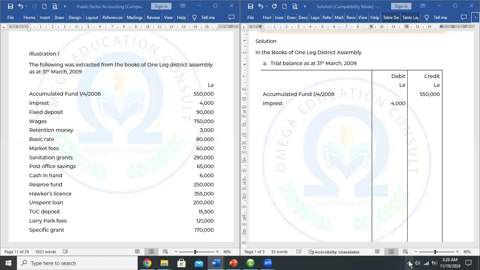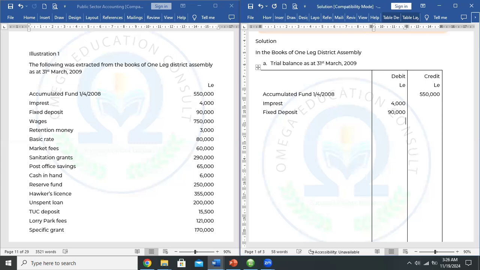And as we know, investments are assets, and all assets have debit balances. Okay, so fixed deposits. When you go to the bank to open an account, they will tell you either you do a savings account, current account, or fixed deposit account.